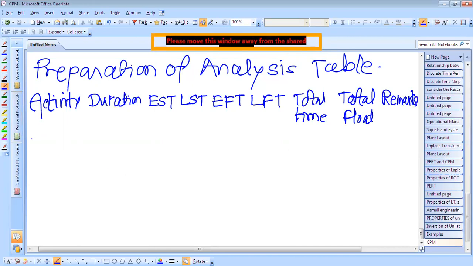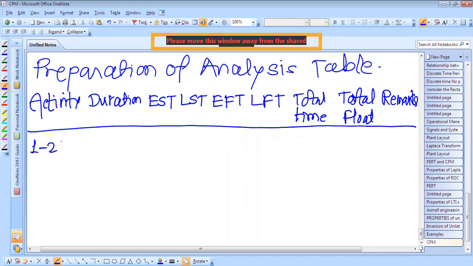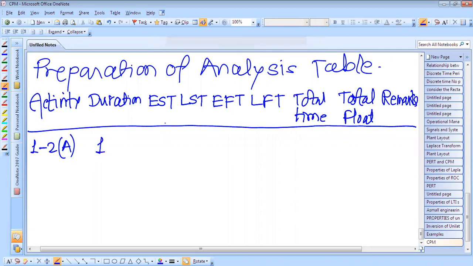Now where to give this. So activity we have to mention here 1, 2. We have given the name to this activity, activity A. What is the duration for this activity? It is also mentioned, 1. And what was the EST for this activity? We have given here 1. And what is the LFT for this activity?